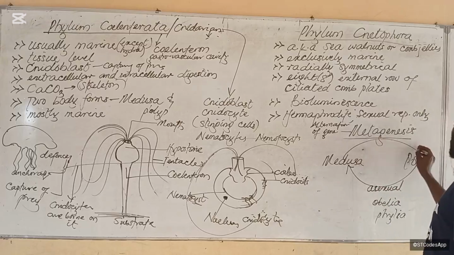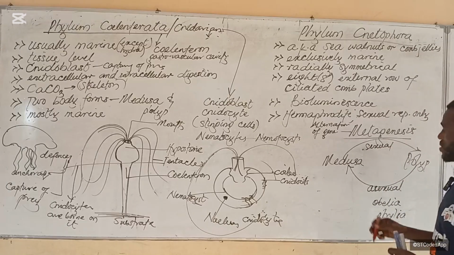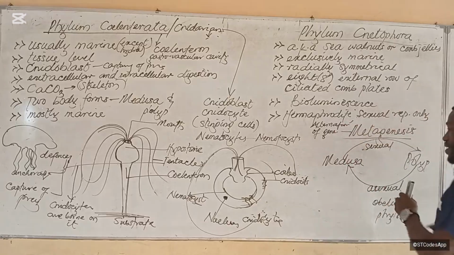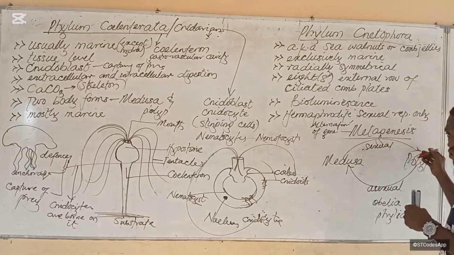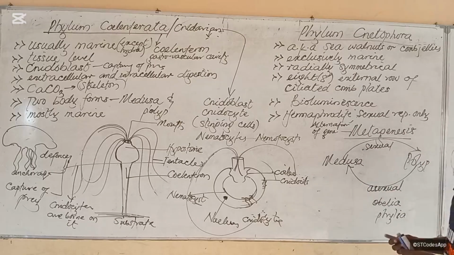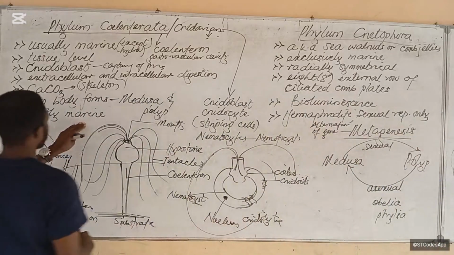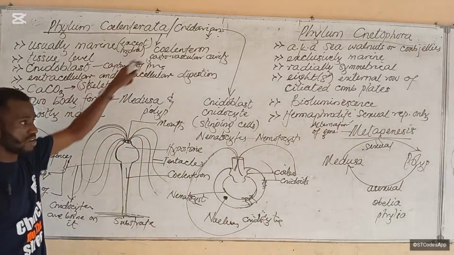Then the medusa will give rise to the polyp by sexual reproduction. Don't misplace that. Medusa gives rise to polyp by sexual reproduction, and the polyp becomes medusa by asexual reproduction. And I said they are mostly marine except for hydra. I've mentioned that before.